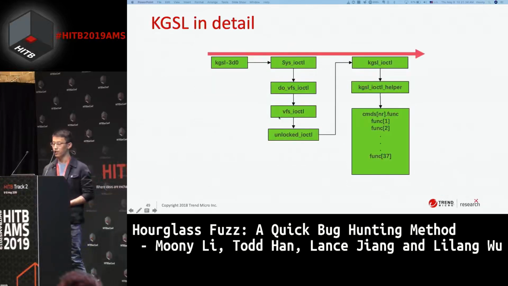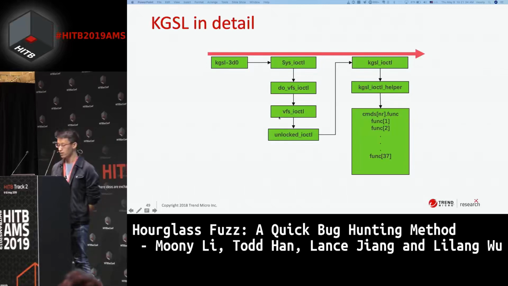As shown in the picture is the KGSL function call flowchart. KGSL 3D0 is a driver in the dev directory. When we use it, we should open it first, and then we will get a handle that can be used by the ioctl method. In the kernel, it will go into syscall ioctl first. After some simple parameter checking, it will enter do_vfs_ioctl.